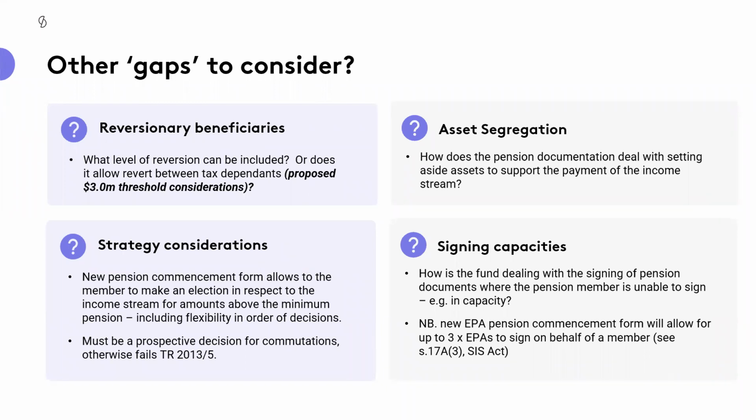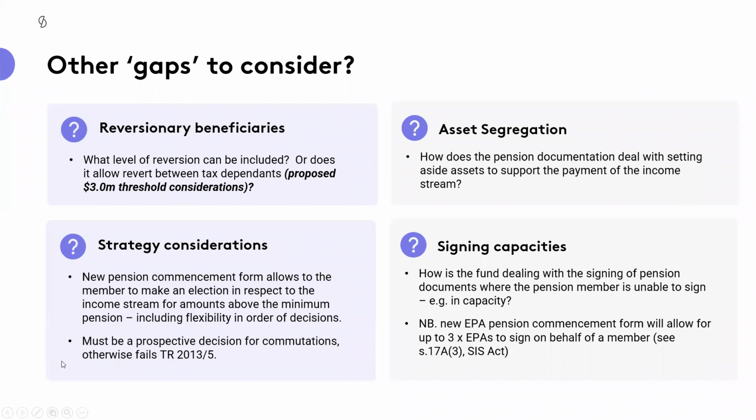So we have not yet finalized the changes with the EPA appointment, but shortly you will be able to have pension commencement documentation that will allow for multiple attorneys, so 1, 2, or even 3 attorneys to be able to sign that document on behalf of the member. And again, all in compliance with the requirements set out within section 17A, subsection 3.